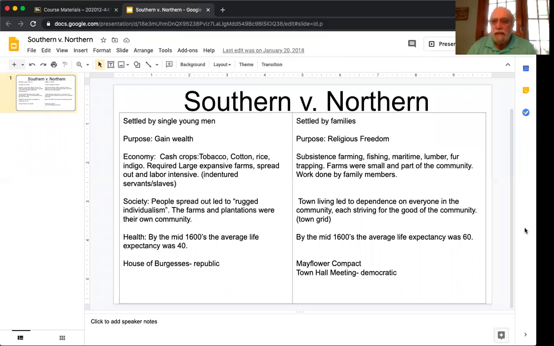When we're looking at the Southern experience, probably the best example is the Virginia experience. Initially, the Virginia settlement, Jamestown, as I'm sure you already know, was settled by young aristocratic men.